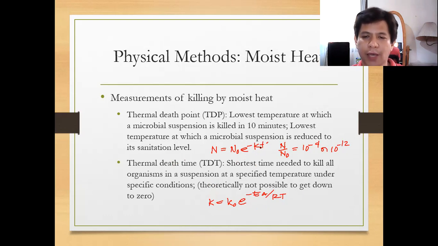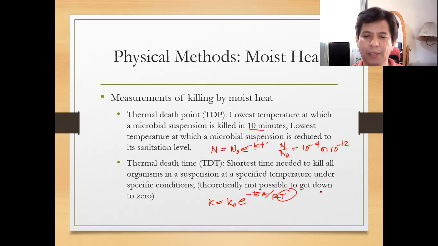Kasi yung time is fixed dito. Pag thermal death point, fixed siya sa 10 minutes. So, ang hinahanap dito yung temperature. Pag thermal death time naman, TDT, this is the shortest time needed to kill all organism or basically to achieve the objective of sterilization at specified temperature.